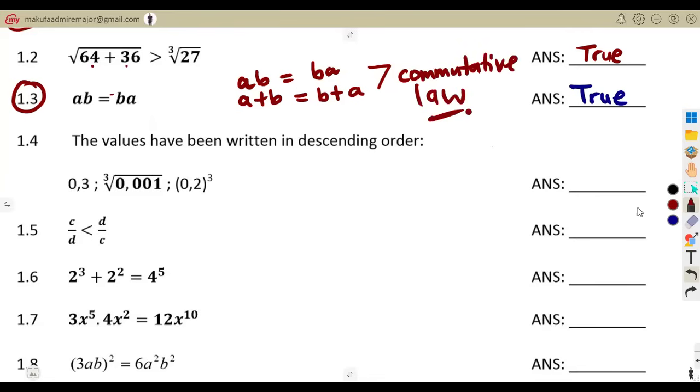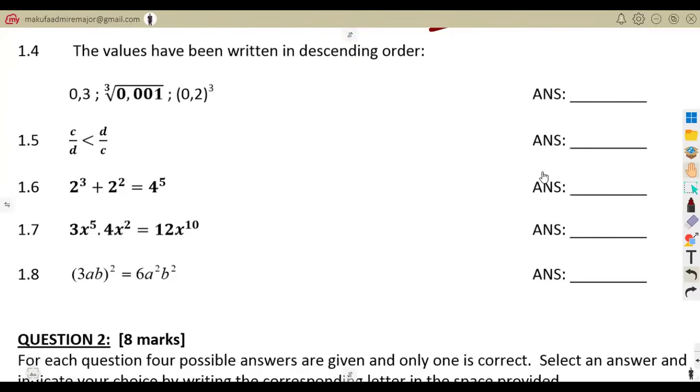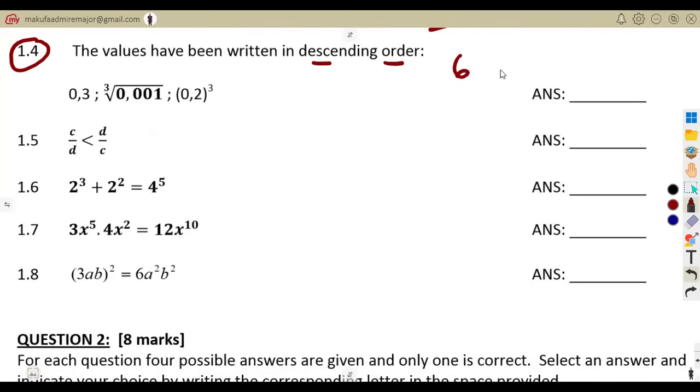This is important for you to know your laws as we consider the simplification of normal numbers. 1.4, the values have been written in descending order. Remember, descending order is decreasing from the bigger number, let's say 6, 5, 4, 3, 2, 1, as opposed to ascending order, where the numbers are increasing.